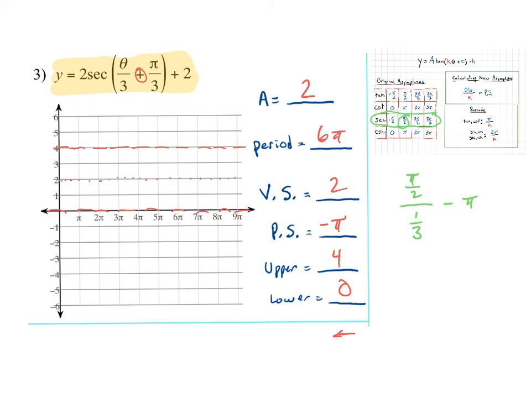Well, pi over 2 divided by 1/3 is 3 pi over 2, minus pi, and remember pi is the same as 2 pi over 2, so 3 pi over 2 minus 2 pi over 2 is pi over 2. My new asymptote is in the same place as my old one, which is pi over 2.